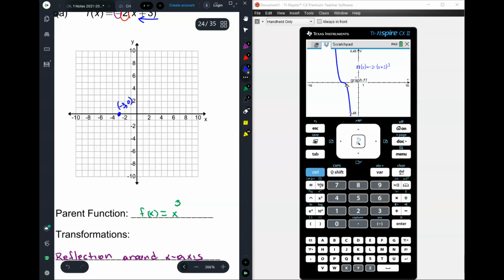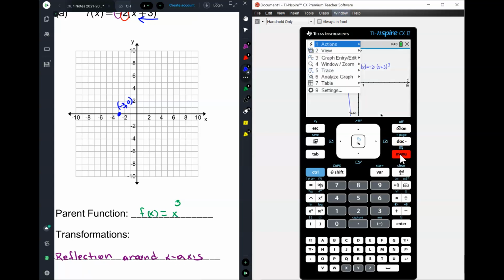Okay? Next, what I want you to do is this. In order for you to be able to get the whole number values, go to Window, Trace, Graph Trace, and just stop there. In trace mode, you can put in any value that you want.